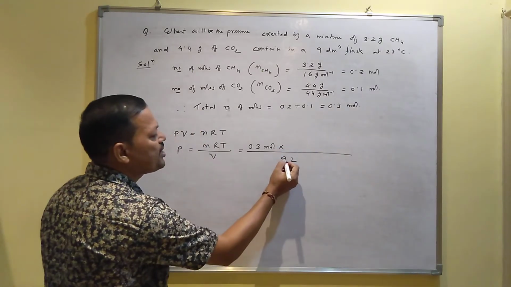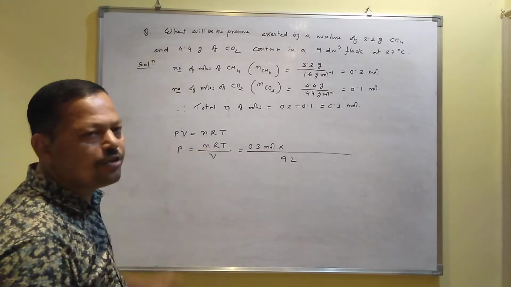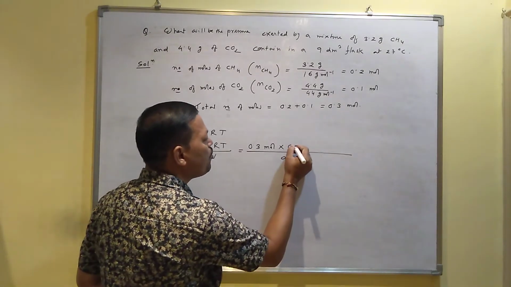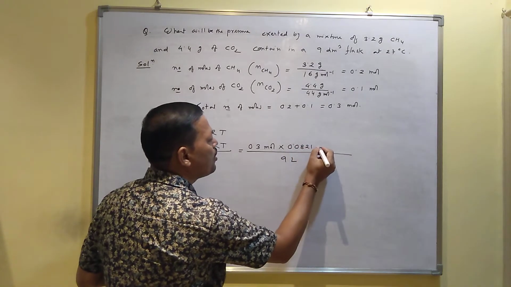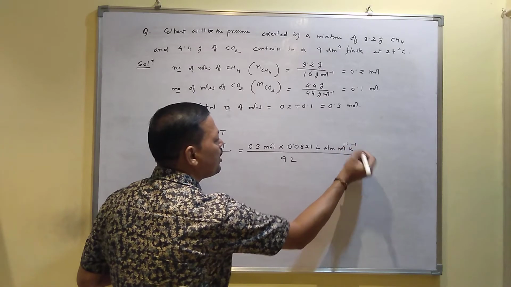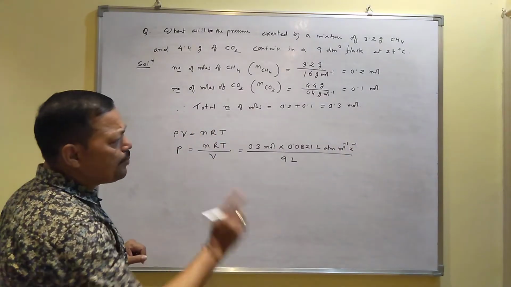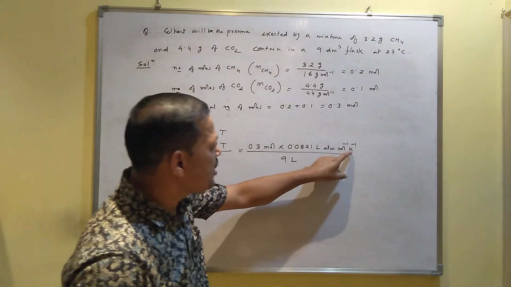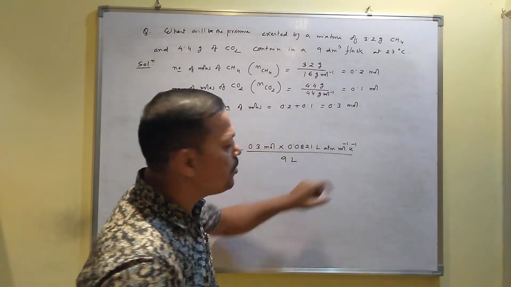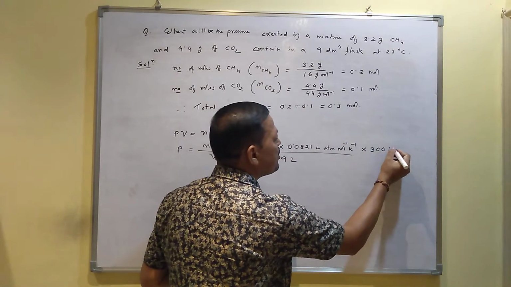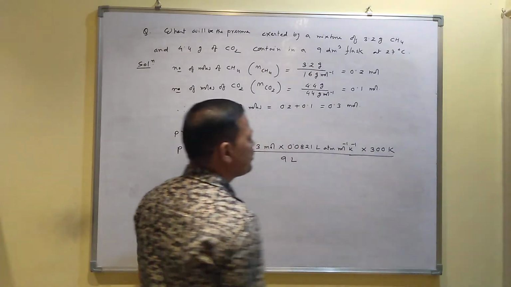Since the volume is in liter, for the R value you have to use the liter-containing value, 0.0821 liter atmosphere per mole per Kelvin. Temperature is given as 27 degrees Celsius, and since R is in Kelvin, you have to convert degrees Celsius to Kelvin, so you will get 300 Kelvin.